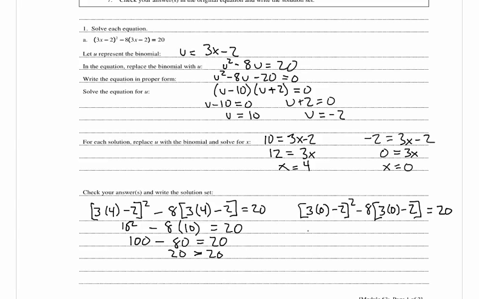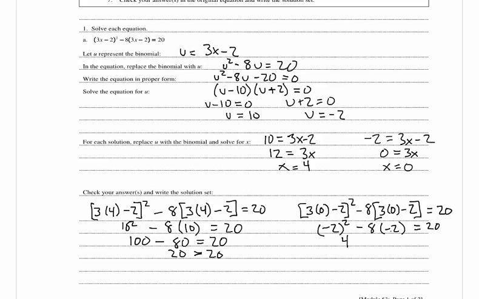So 4 is a solution. Now for 0, we have 3 times 0 is 0, minus 2 is -2, so (-2)^2 - 8 times -2 = 20. Negative 2 squared is 4.